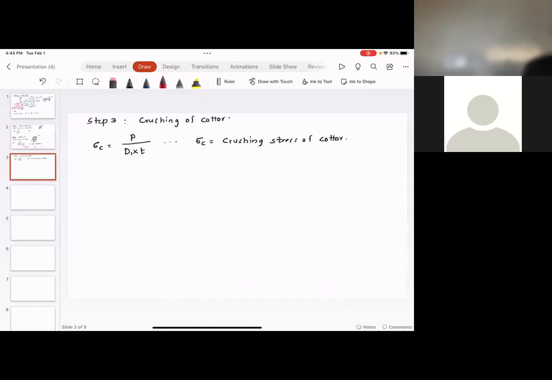So next thing is we want to find out, which is step 4, the length of the quarter, or basically the width of the quarter. Now, what does this mean?